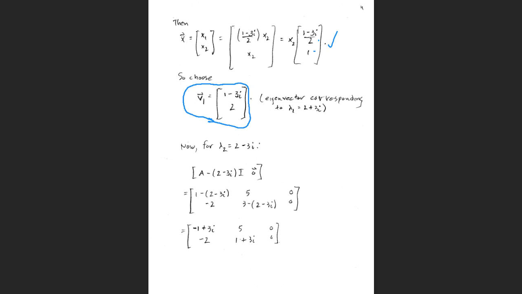All right, now we're going to go after the other eigenvector, the eigenvector corresponding to lambda 2, that second eigenvalue. Lambda 2 equals 2 minus 3i. So notice that, again, the second eigenvalue is 2 minus 3i. That is the complex conjugate of the first eigenvalue, which was 2 plus 3i. You do the same procedure.